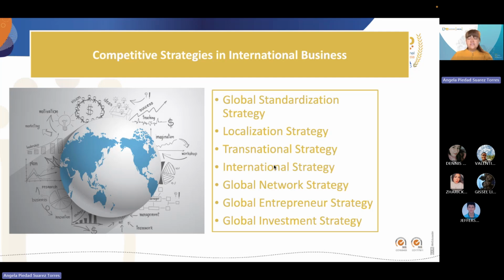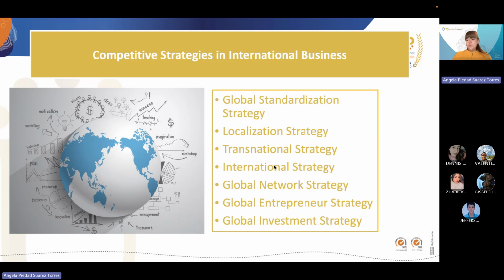Most of these examples are very big companies, but they give us an idea of what type of strategy may fit the company that we are working with.